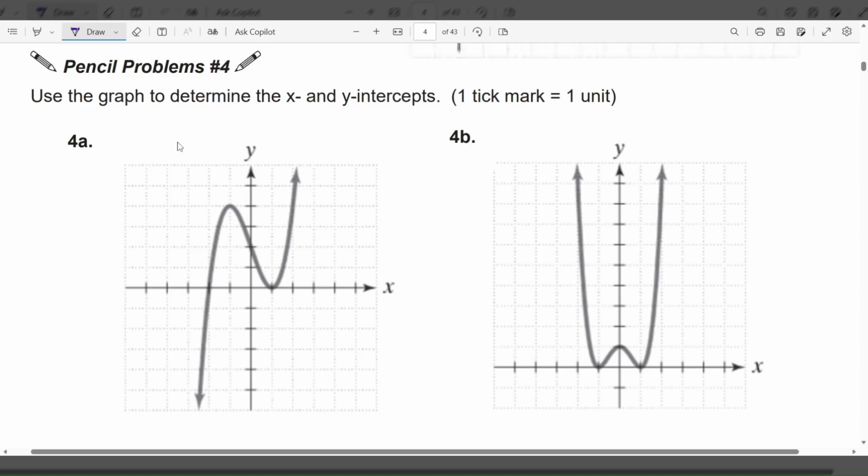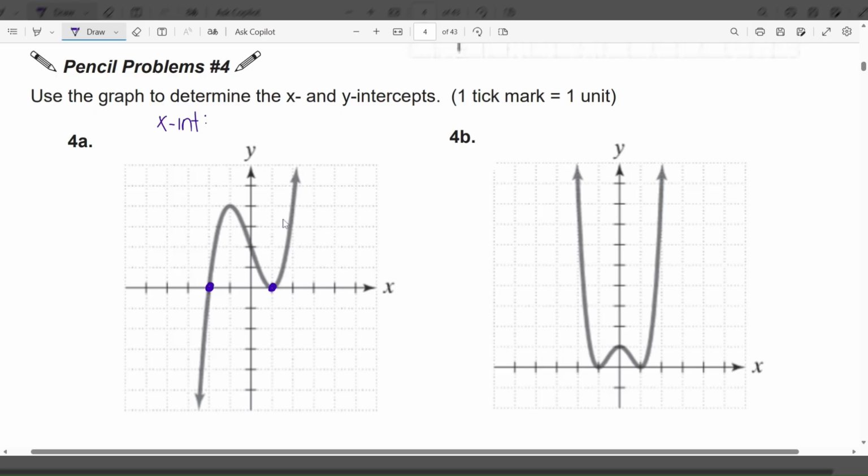So let's find our x-intercept. With our x-intercept, that's where it crosses or touches the x-axis. This is our x-axis. So it touches or crosses here and here.